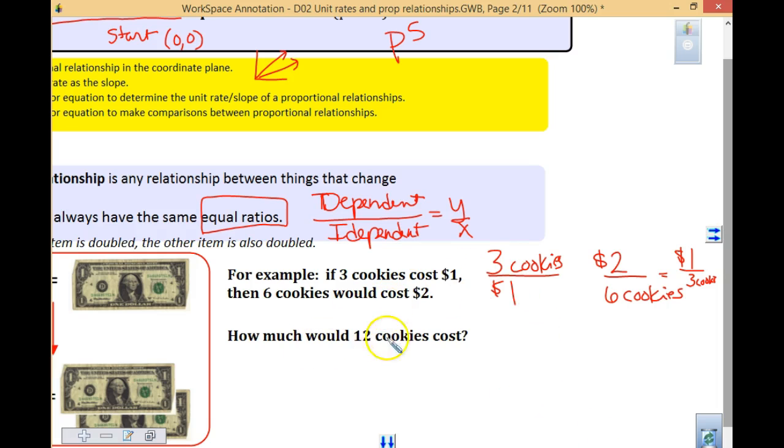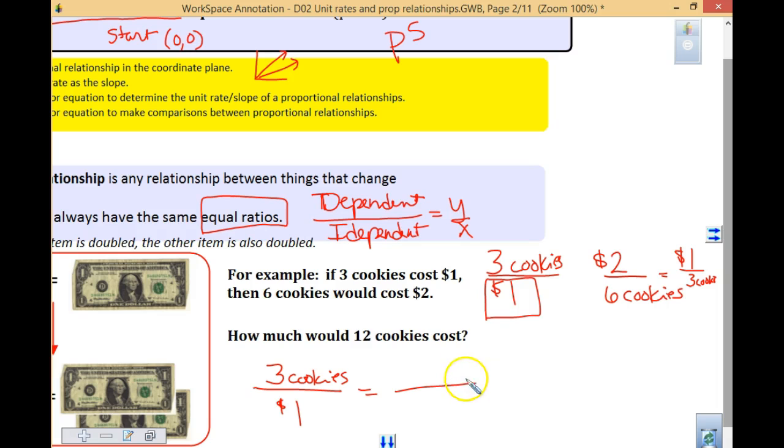And a lot of times when we talk about our unit rates, we want the denominator to be 1. So this way might not be the best because we want to usually find out how many cookies we could buy for $1. So using this one, right below here, how much would 12 cookies cost? I would like you to put the ratio, 3 cookies to $1 equals, where should I put the word cookies?